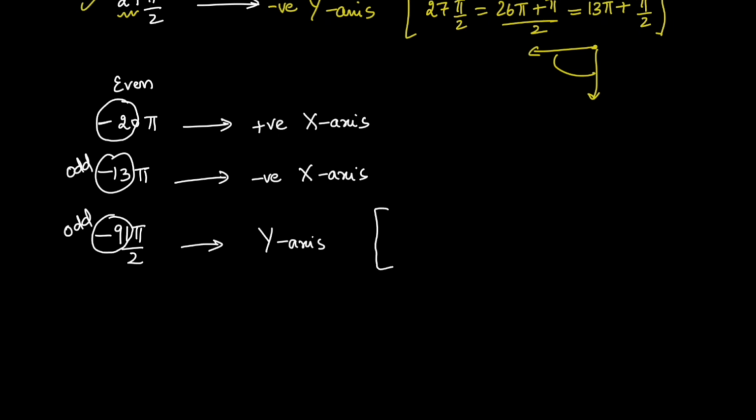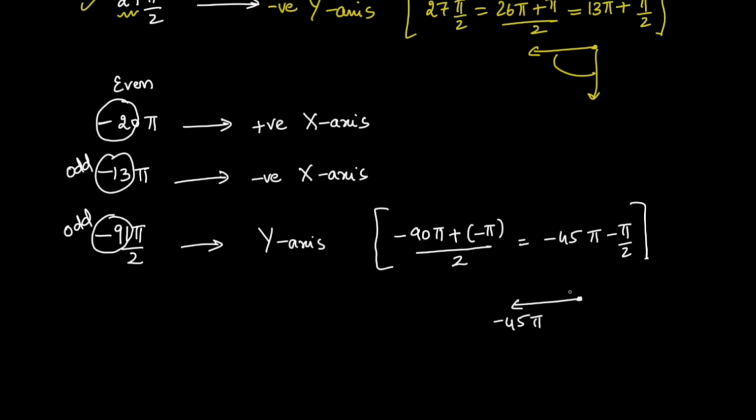So let's check whether it is along the positive y-axis or negative y-axis. Minus 91 can be written as minus 90 plus minus pi by 2, which is minus 45 pi minus pi by 2. Minus 45 is an odd multiple of pi, negative x-axis. Then minus pi by 2 means clockwise pi by 2. That is along the positive y-axis.